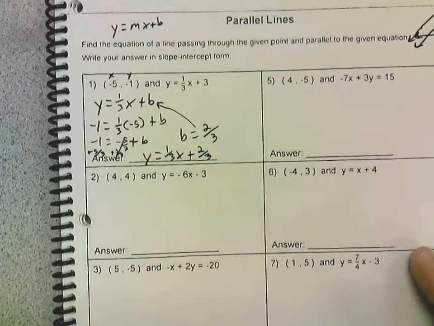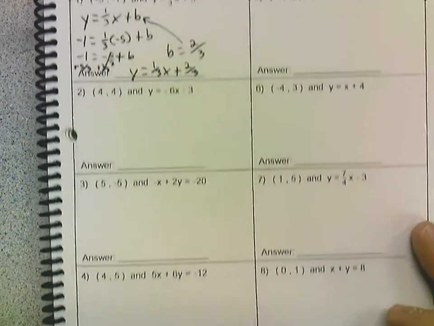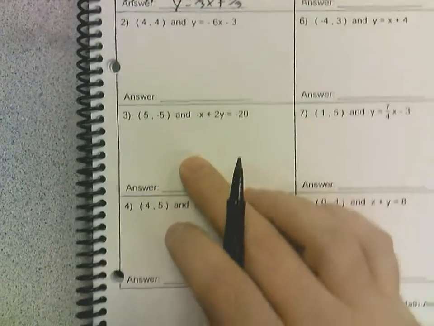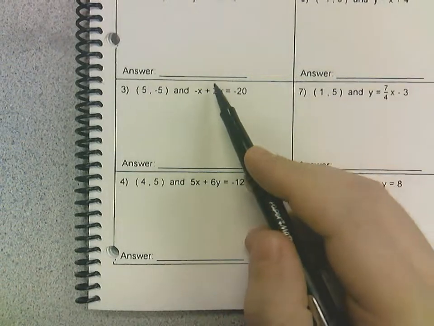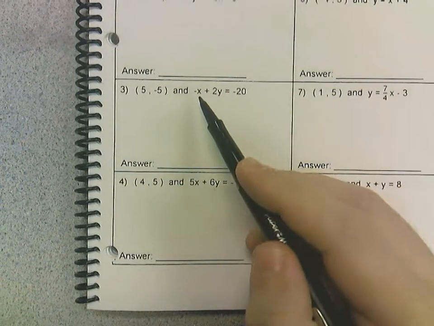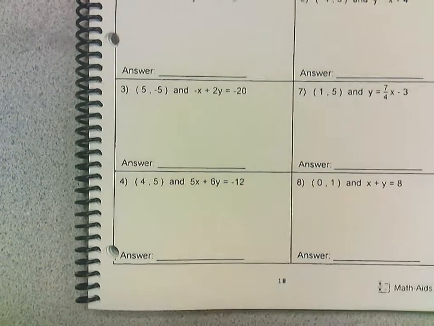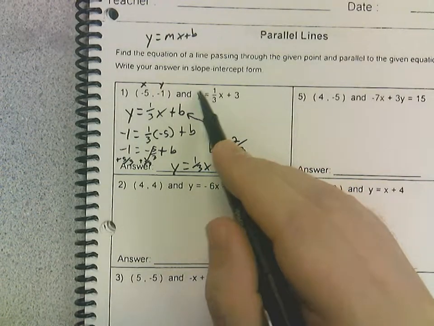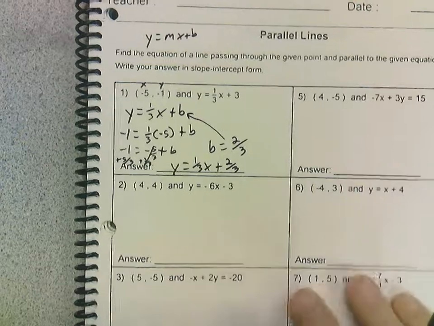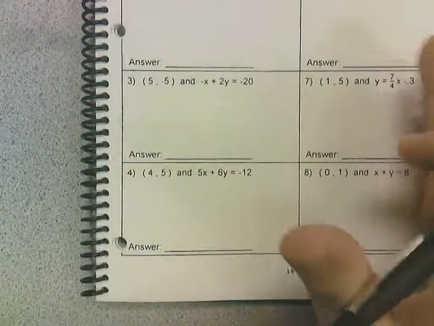Okay, next one. Let's do one where we have to solve. Let's look at this problem right here. On this one, we can't see our slope in the original equation. In order to see the slope, it has to be in slope-intercept form, which means the y has to be all by itself on one side. So we have to move everything away from the y.